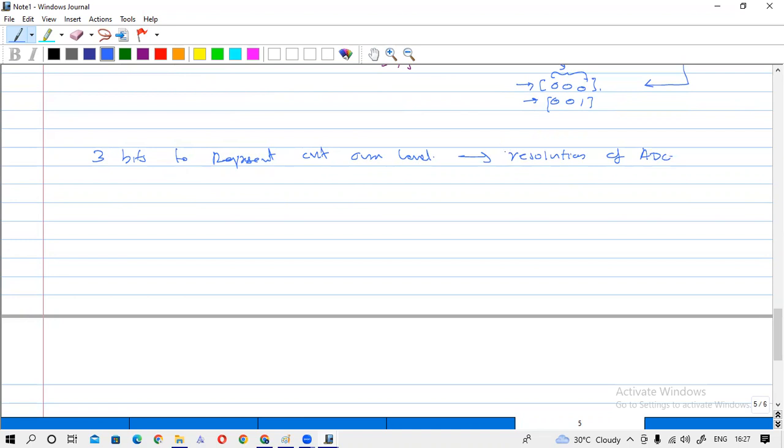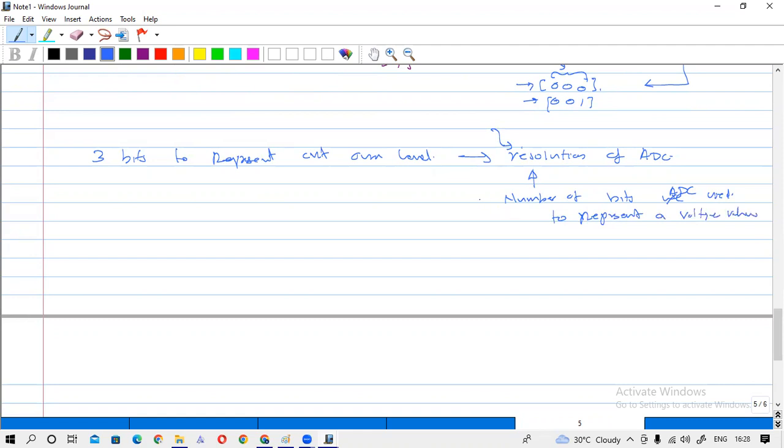If you get an ADC and see the specification, one of the most important specifications is this resolution. So what does resolution mean? That is the number of bits that ADC uses to represent a voltage sample, a voltage value.